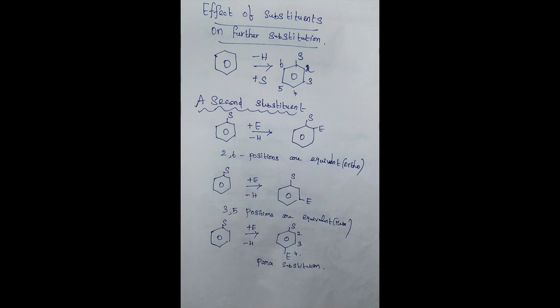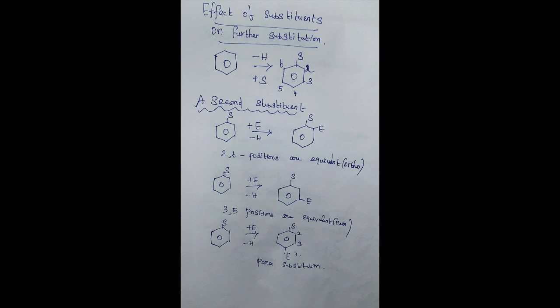Generally, electrophiles are electron deficient groups, so they seek electron rich species. Our benzene system is an electron rich species. So the electrophile seeks it and the hydrogen is substituted by the electrophile.